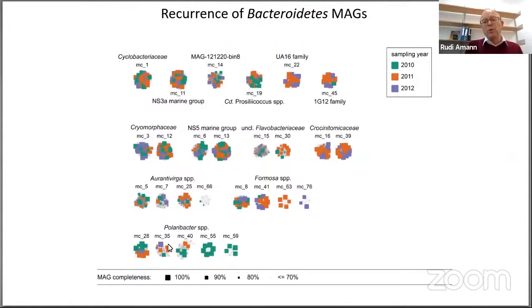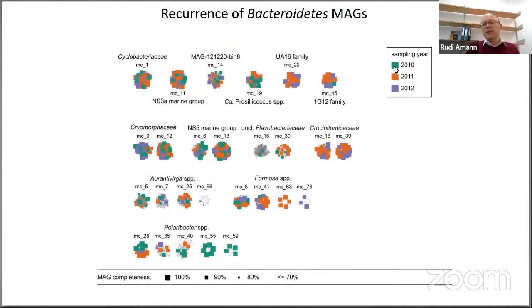But for you, the important thing is, whenever we look at the North Sea off Helgoland in a spring situation, the likelihood to bump into one of 13, 14, 15 dominant Bacteroidetes groups is very high. Some of them recur every year.